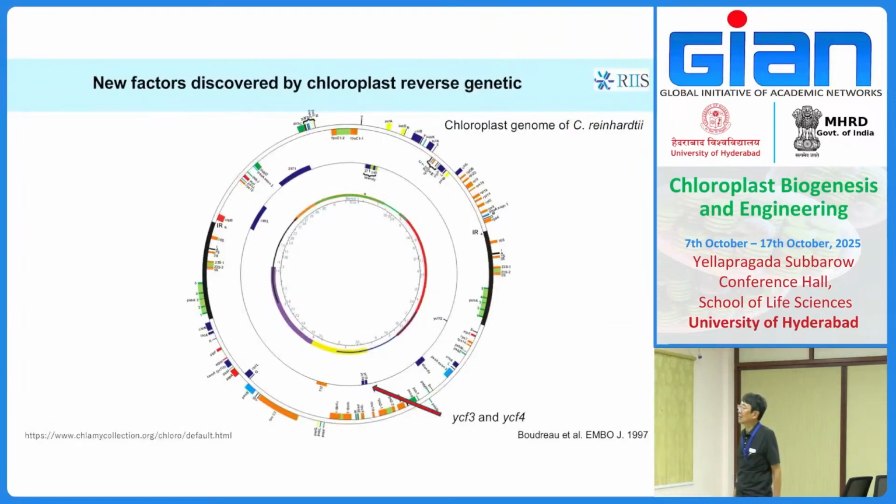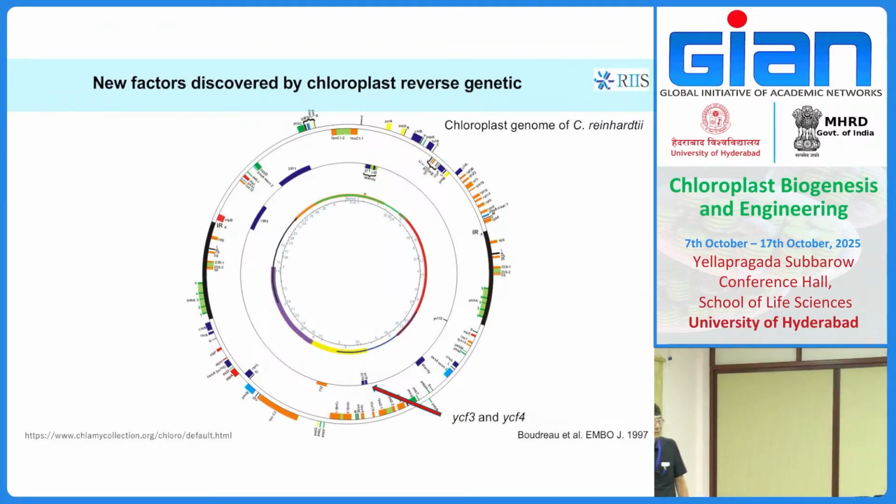Okay. So concerning assembly factors, this is the chloroplast DNA of Chlamydomonas. And we had, by chance, analyzed two open reading frames. An open reading frame means there is an initiation codon, the methionine, and then a stop codon. But we don't know if this is expressed, transcribed, translated, and we don't know the function.